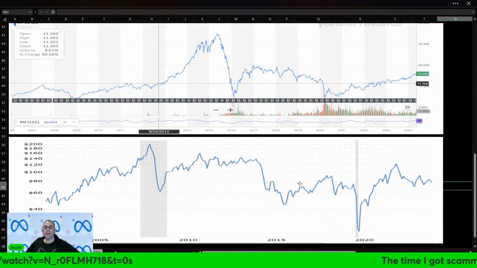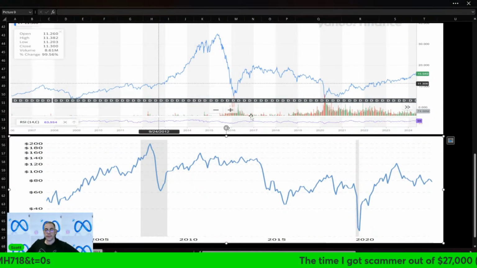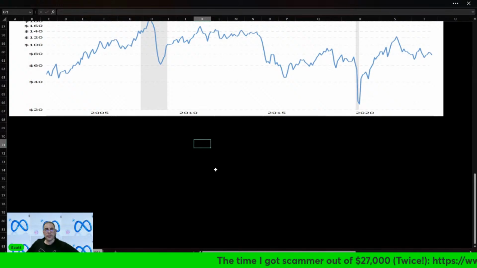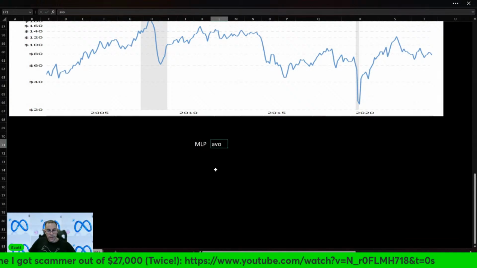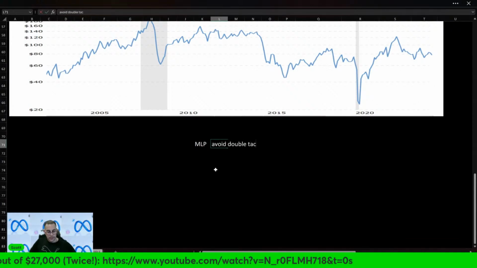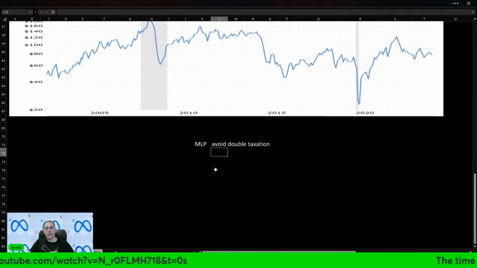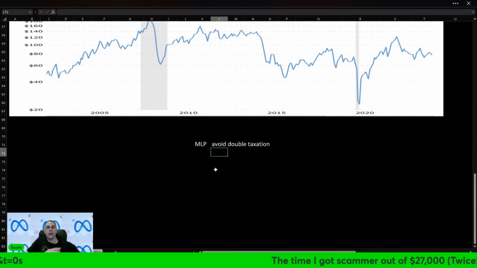The reason they become an MLP is to avoid double taxation. They don't have to pay corporate income tax. They can pass it all on to the investor. That's why they pay high dividends.